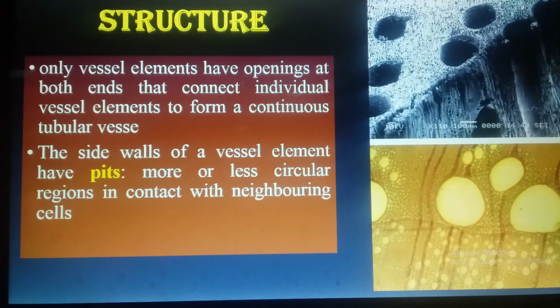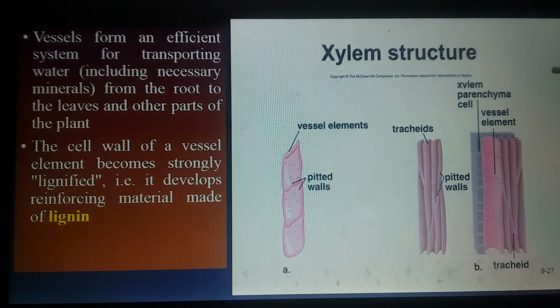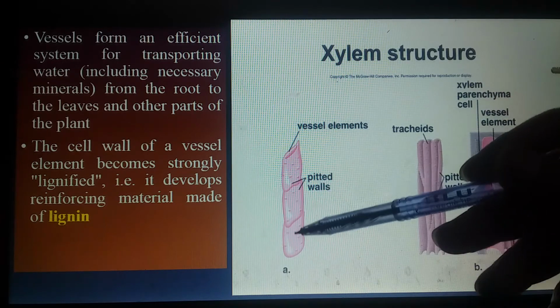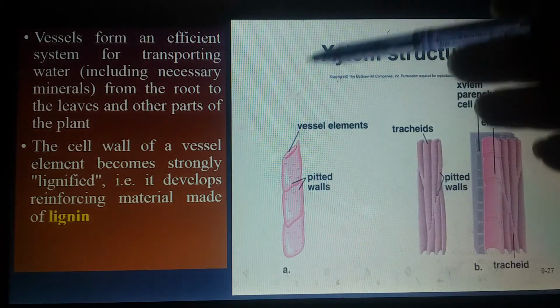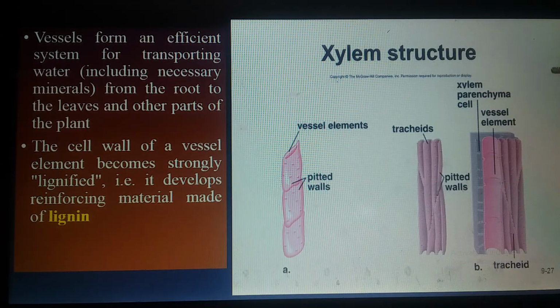Now the structure. Only vessel elements have openings at both ends. As I have told you, pores are present at both ends that connect individual vessel elements. As you can see here, the vessel elements connect with each other, 1, 2, 3, and so on. They are connected with each other through these pores.